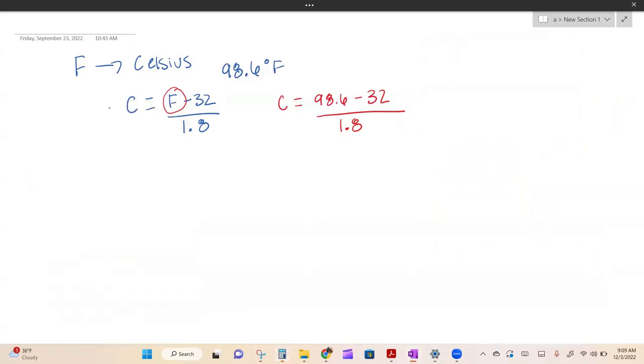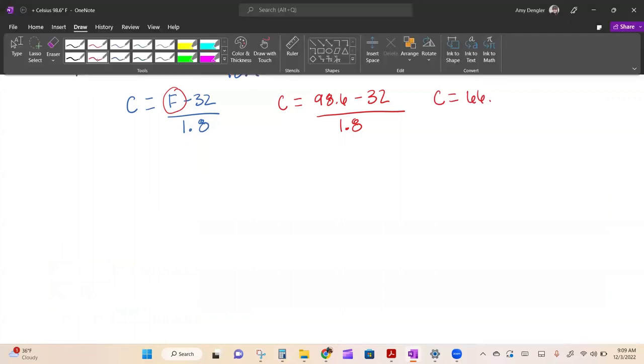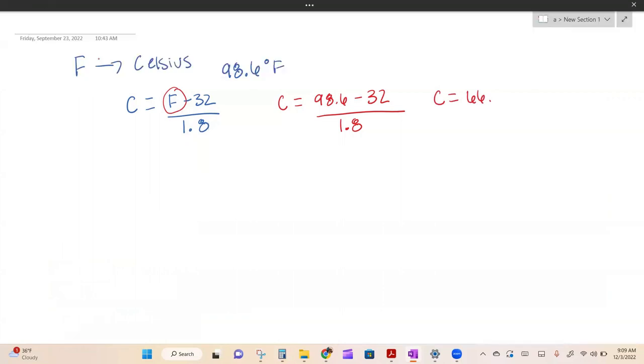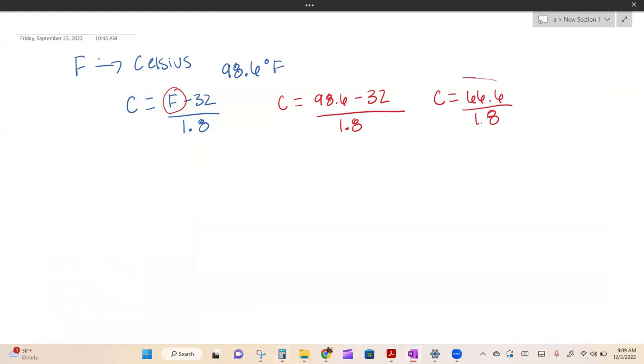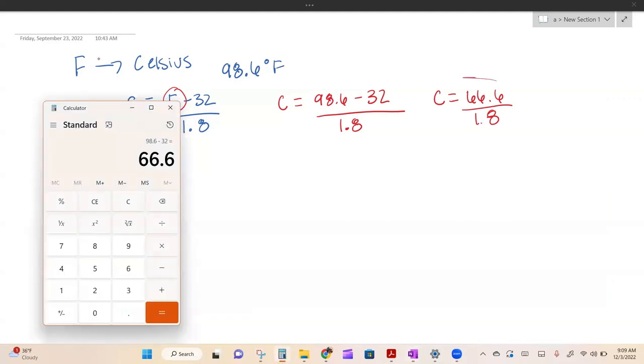So now I'm going to rewrite that again, this time getting rid of the top part and just filling in my answer, and then keeping my 1.8. So now I'm just going to do 66.6 divided by 1.8.